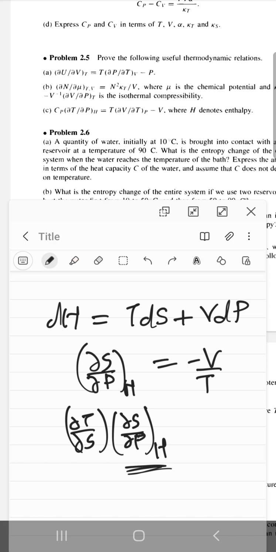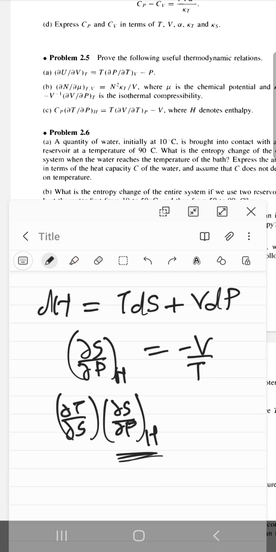Okay, so we don't want the entropy situation. Cool. Just have dS equal to that stuff. And then we just have a second derivative over there, and that's probably going to give you the thing. This shouldn't be so hard. We just think of enthalpy as being another variable, isn't that right?